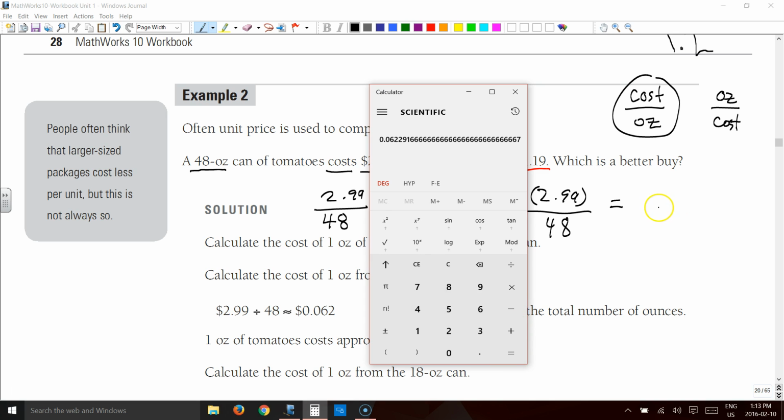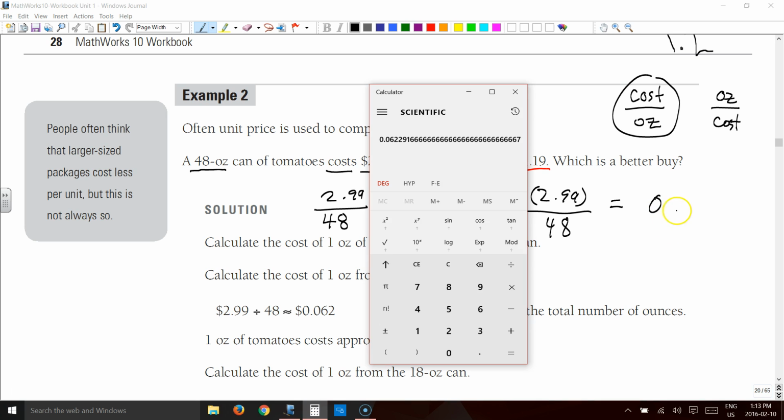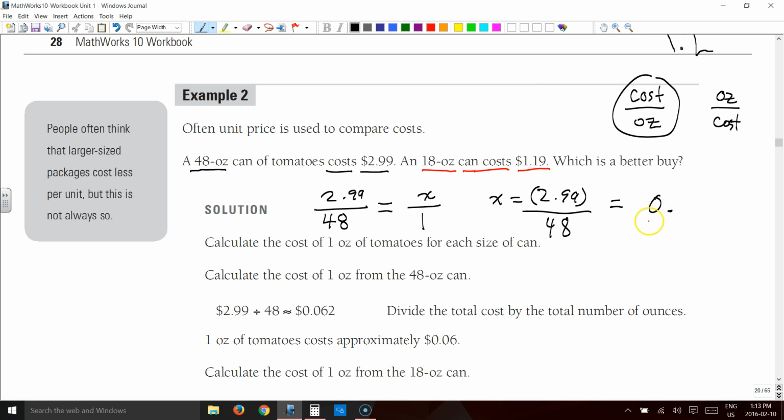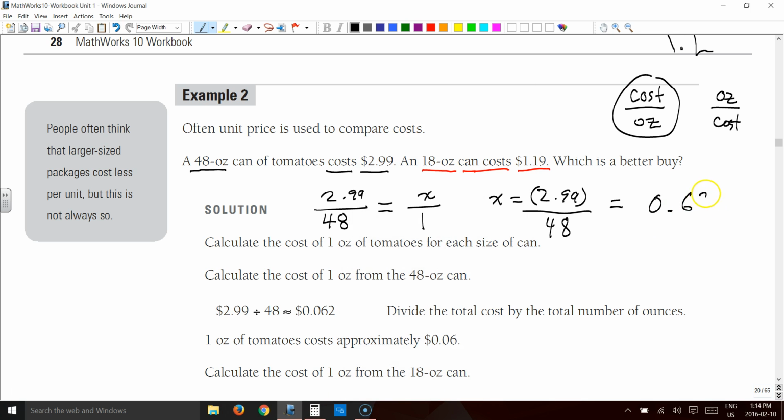There you go. So 0.062, which is essentially 6 cents per ounce. Okay? So that's 6 cents an ounce.